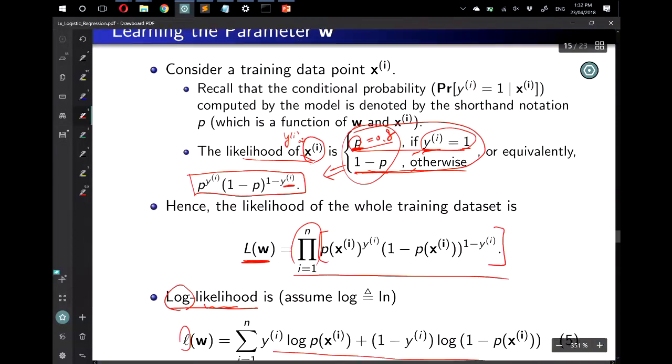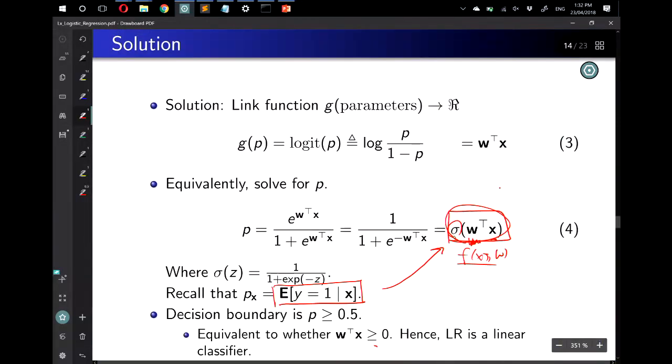If I remember correctly, this sigmoid function has a nice property. Taking the partial derivative with respect to the input variable, which here is also wTx, is actually equal to that one.